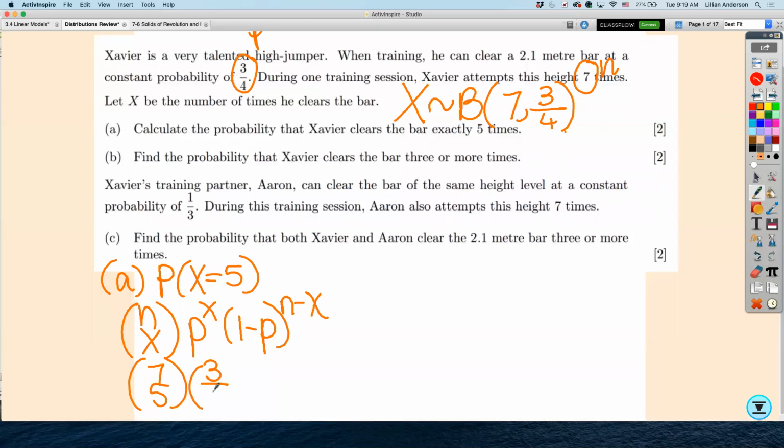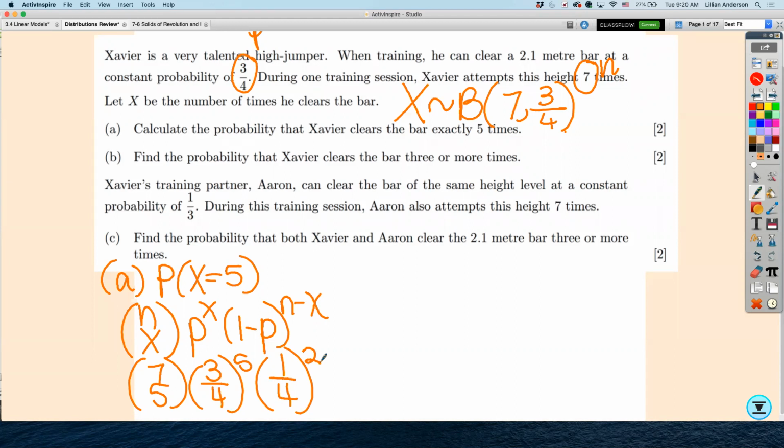Our probability is 3/4 raised to the x power, which is 5. Then 1 minus p. What's 1 minus 3/4? And then n minus x, so that's going to be 7 minus 5, and that gives us 2.